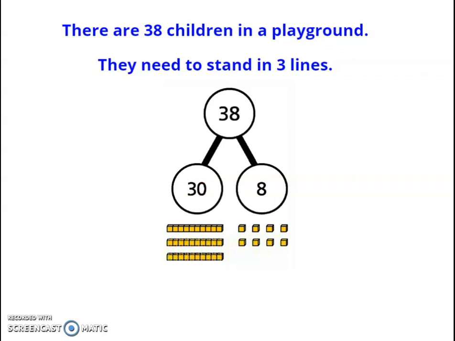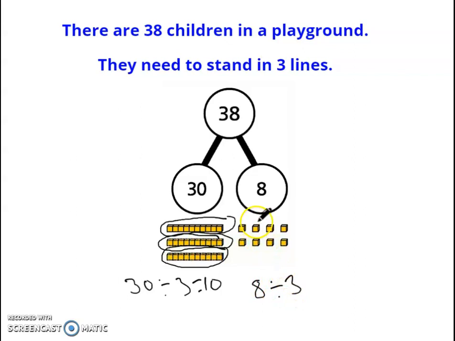And now what we'll be looking at is focusing just on the tens, where we can work out our number sentence of 30 divided by 3. And we can put our 3 tens and share them equally into 3 groups. And we can see that each group has 10. And then we can do exactly the same with our 8 and share that into 3 groups. And we can see that with these, we're going to have our 2 in each group.